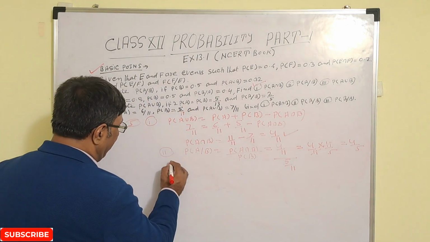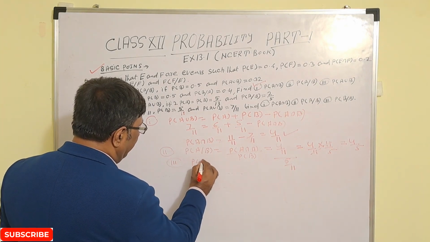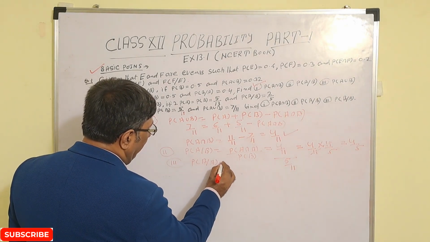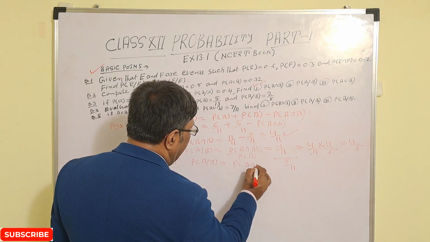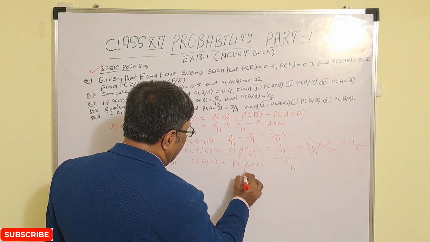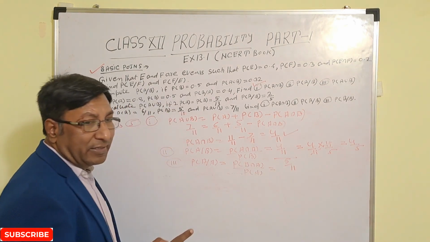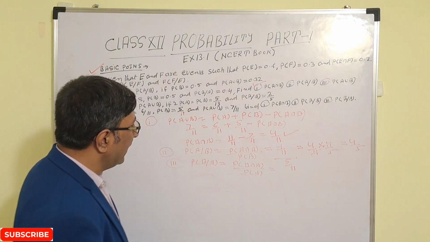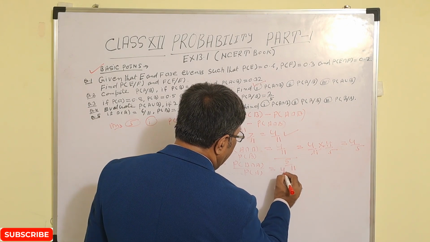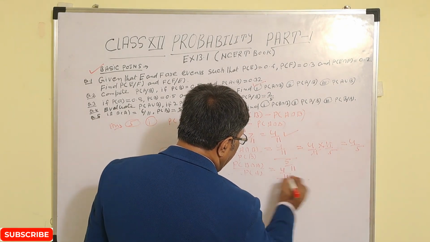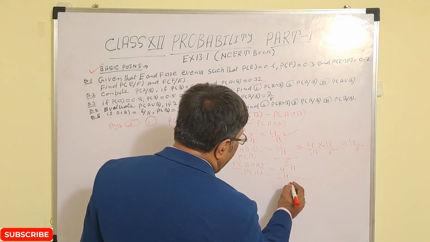Now the last point, the third point: probability of B given A. So for probability of B given A, what is the formula? Probability of B intersection A divided by probability of A. A intersection B and B intersection A are both the same, which is given as 4 by 11. So this is 4 by 11 divided by probability of A, which is given as 6 by 11.